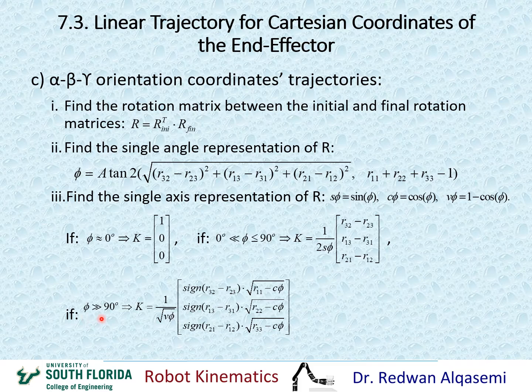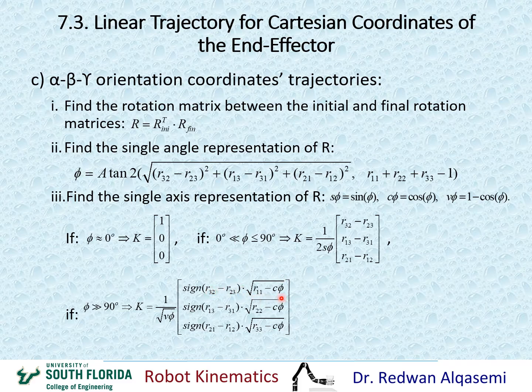And then if phi is more than 90 degrees, then k equals this quantity here, which is 1 over the square root of v phi. V phi is defined right here. And then here, I will pick only the sign of these differences. So I take the sign of R32 minus R23. Whatever the value is, I don't care about. All I care about is the sign. If the sign is positive, I keep this positive. If it's negative, I put negative here.